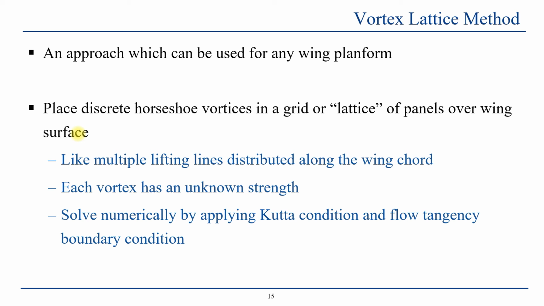Using these boundary conditions and the system of equations created by the number of panels that we put on our wing or lifting surface, we would be able to solve the system, and that will give us the strength, or the gamma, for each of those panels. The collection of those strengths and the superposition of those strengths will then give us the lift distribution all over the lifting surface that we are working with.